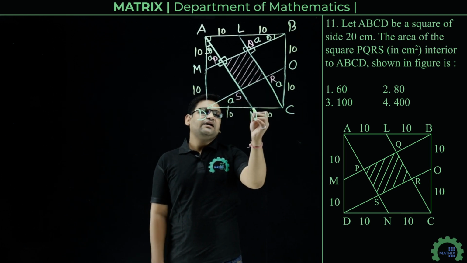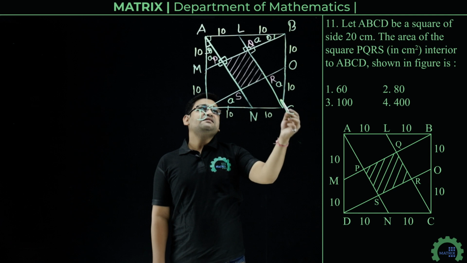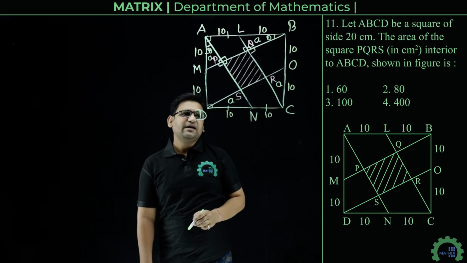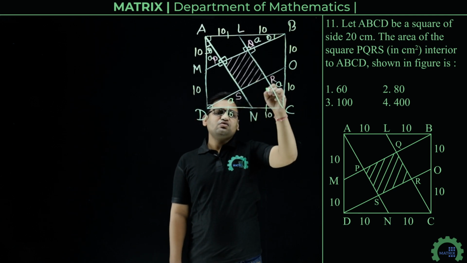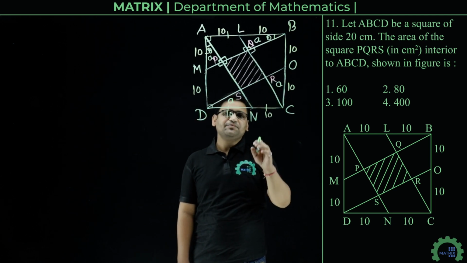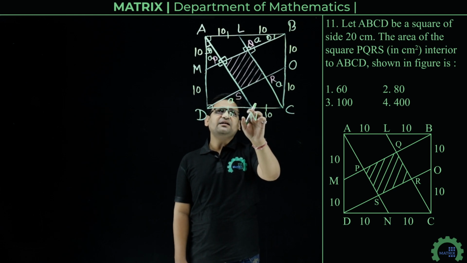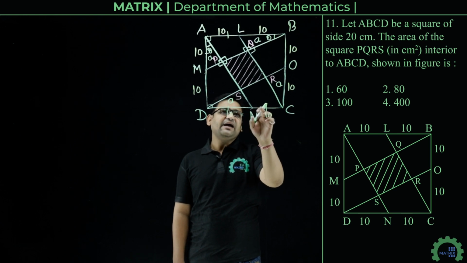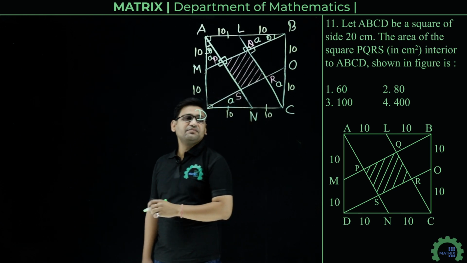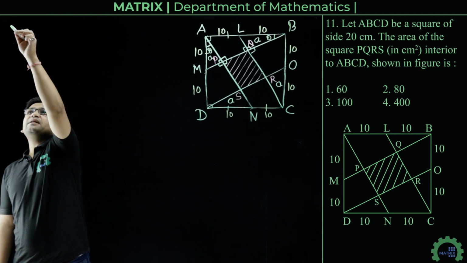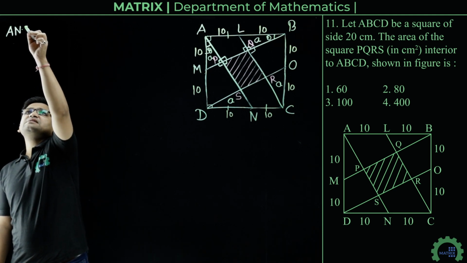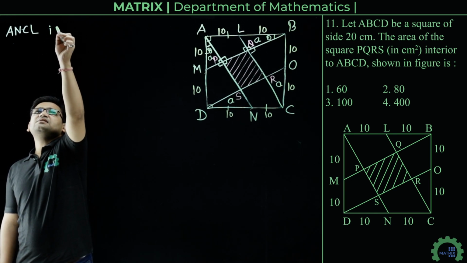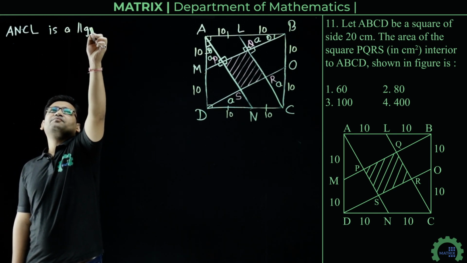Now, in quadrilateral ANCL, CN is equal to AL and AN is equal to CL. By symmetry, we can see that. So the opposite sides of quadrilateral ANCL are equal, hence we can say that ANCL is a parallelogram.